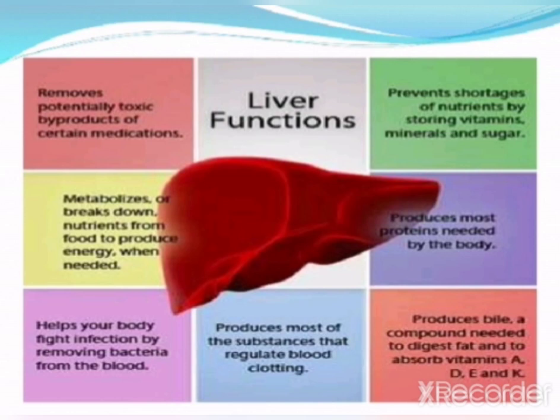It produces most of the substances that regulate blood clotting. It prevents shortages of nutrients by storing vitamins, minerals and sugar. And it produces most proteins needed by the body. It produces bile, a compound needed to digest fat and to absorb vitamins A, D, E and K. Now these are the basic major functions.